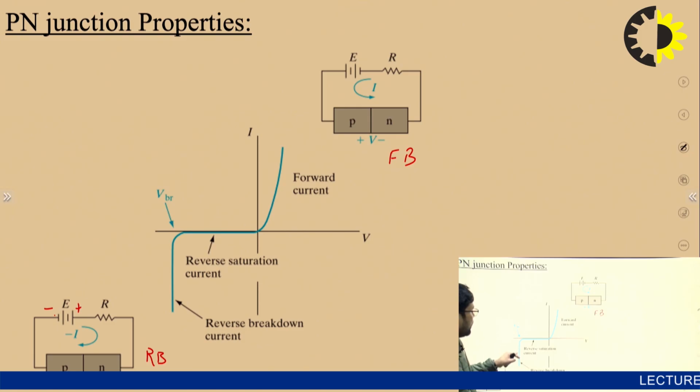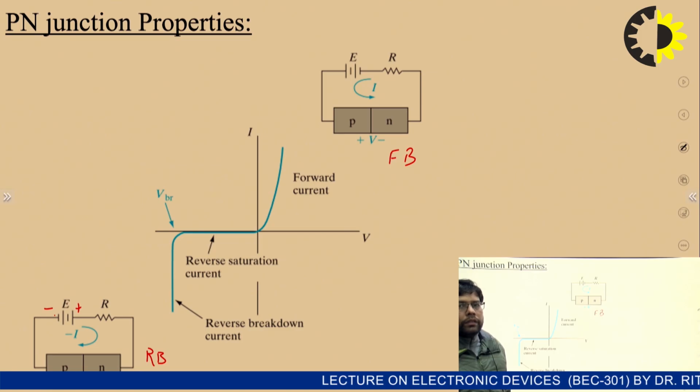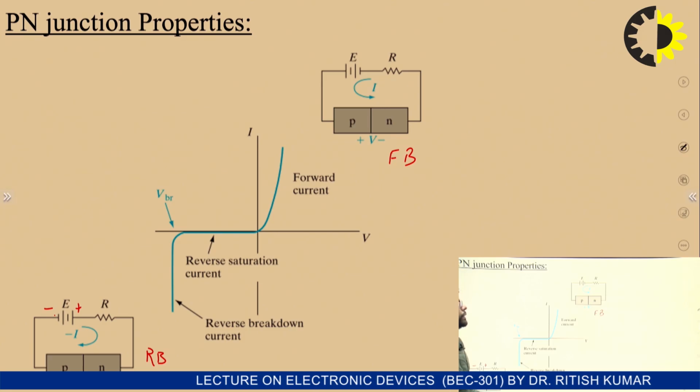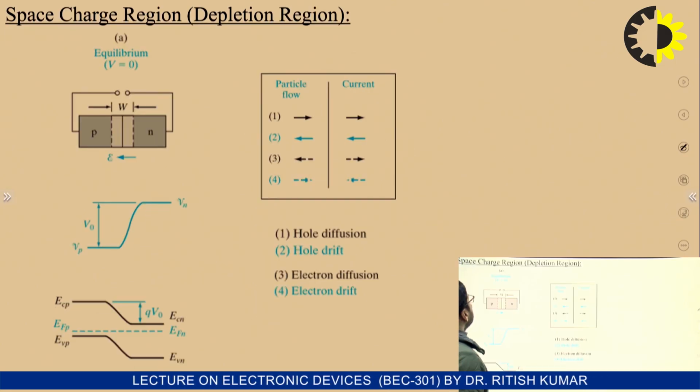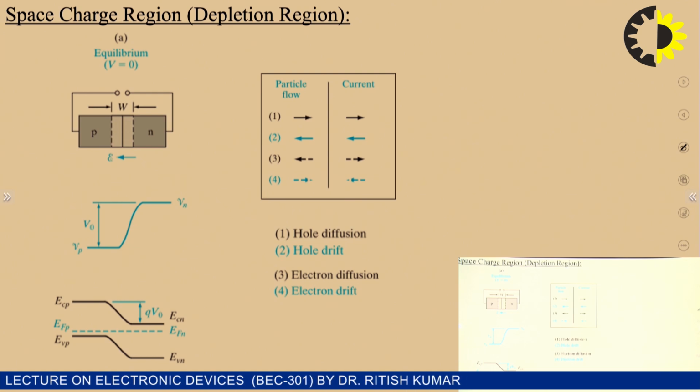This kind of phenomenon is known as reverse breakdown. There are two kinds of breakdown: the first one is the Zener breakdown and the second one is the Avalanche breakdown, which we will study in the further slides, right?